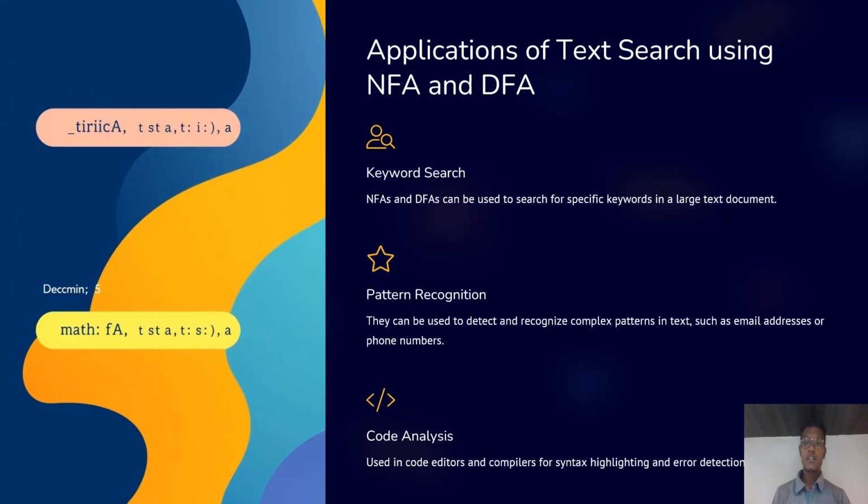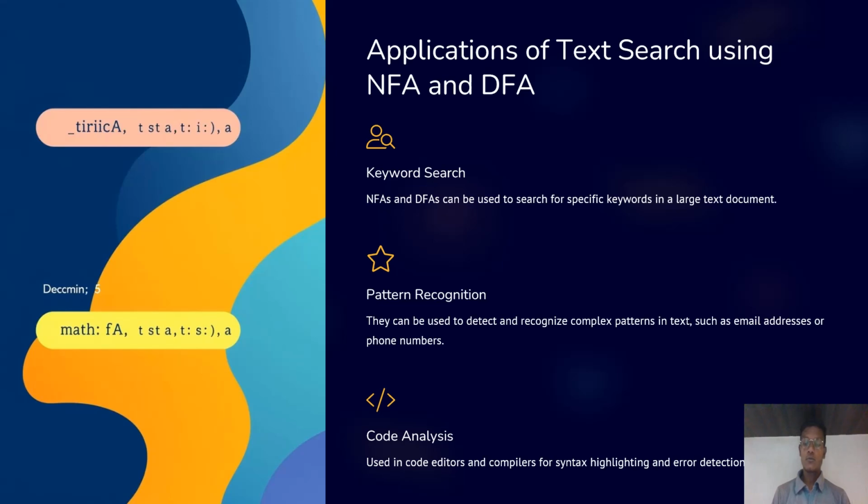Next, we move on to the applications of text search using NFA and DFA. Some of the applications are keyword search, pattern recognition, and code analysis. Keyword search: NFA and DFA can be used to search for a specific keyword in a larger text document. This is one of the applications of text search. Next one, we move to pattern recognition.